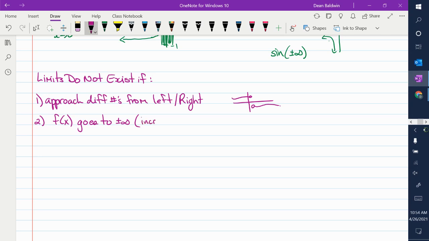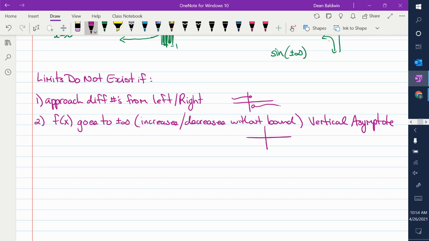A mathematician would say it increases or decreases without bound, which means it just goes flying to infinity or negative infinity, i.e., it's a vertical asymptote. On a graph, it looks like that.